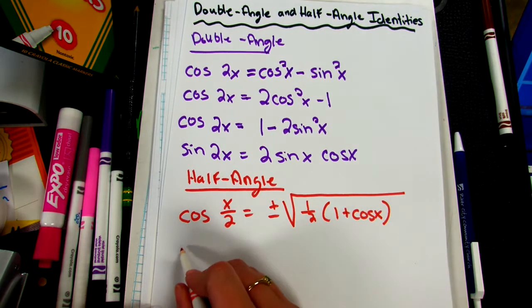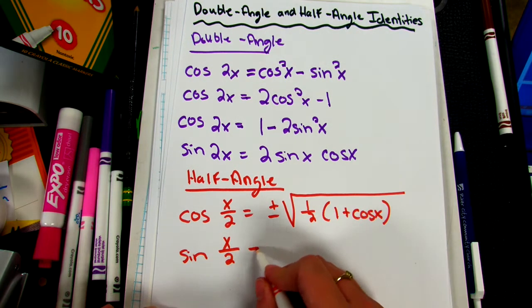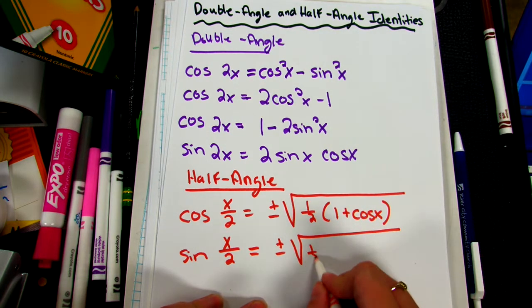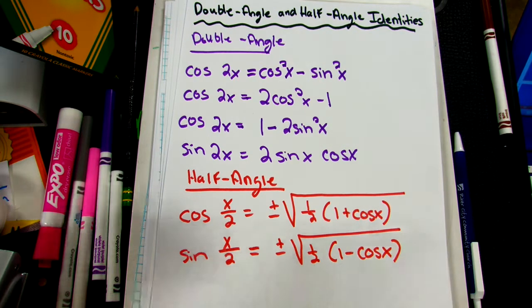And then we also have that sine of half of x is equal to plus or minus the square root of one half times 1 minus cosine x. All right, so those are your identities.